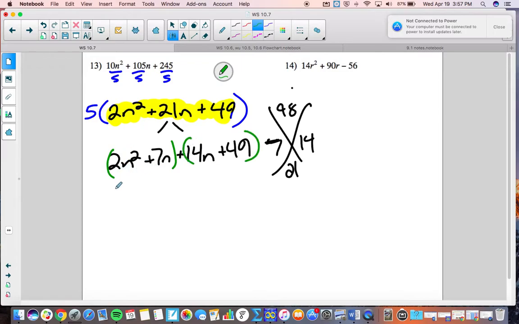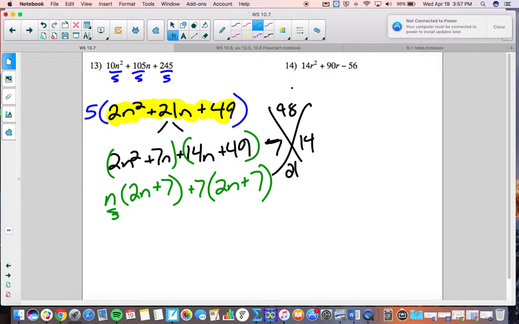So we can factor an n out of the first 2. Try to factor out a number as well, but you can't here. Whereas here we can factor out a 7, but not an n. So we're left with 2n plus 7. Now that our binomials match, that's good. We put our GCFs together, which really means we're factoring out an n and a 7 from each of those.